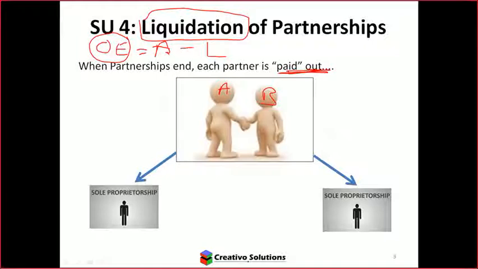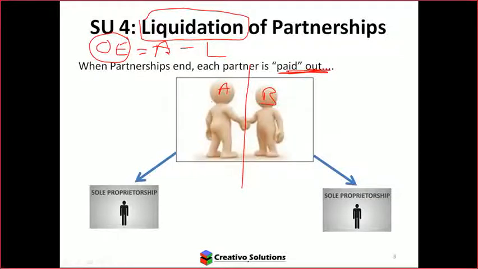Okay, so A and B are going to close the partnership. They'll liquidate the partnership. Does a partnership always liquidate when the business is doing badly? No. A partnership can liquidate when the business is doing well. What happens if B decides to retire? Will that partnership continue?